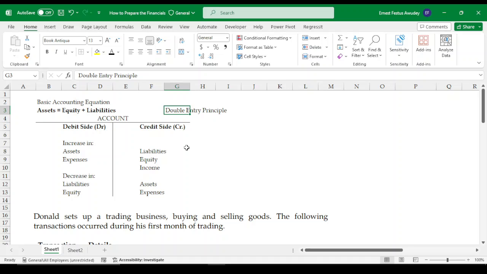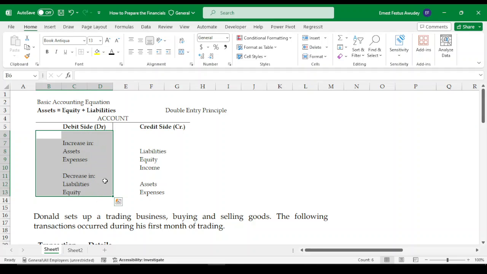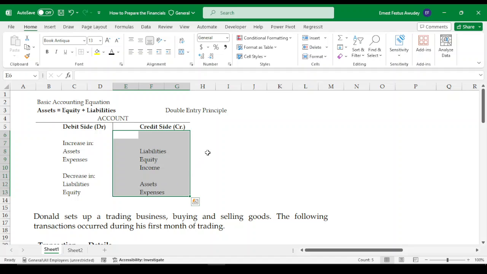The double entry principle in accounting states that for every debit entry you make, there is a corresponding credit entry. Now, we understood the structure of the accounts: the left side is called the debit side, and the right side is called the credit side. Whenever you put an item at the debit side of the account, we call it a debit entry. Whenever you record an item at the right side of the account, we call it a credit entry because it is at the credit side.